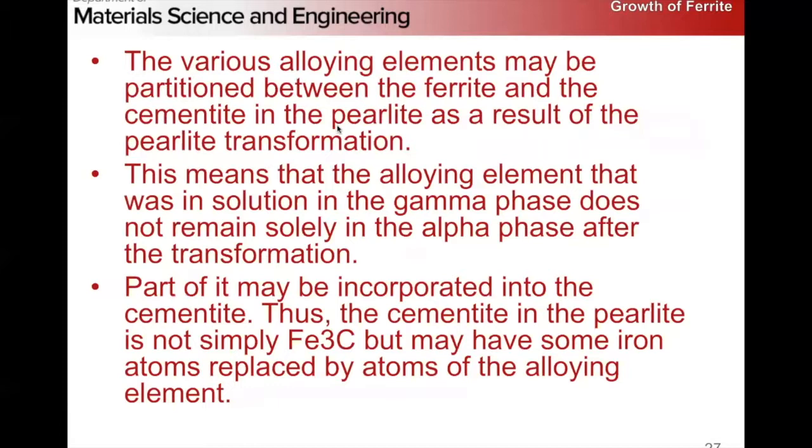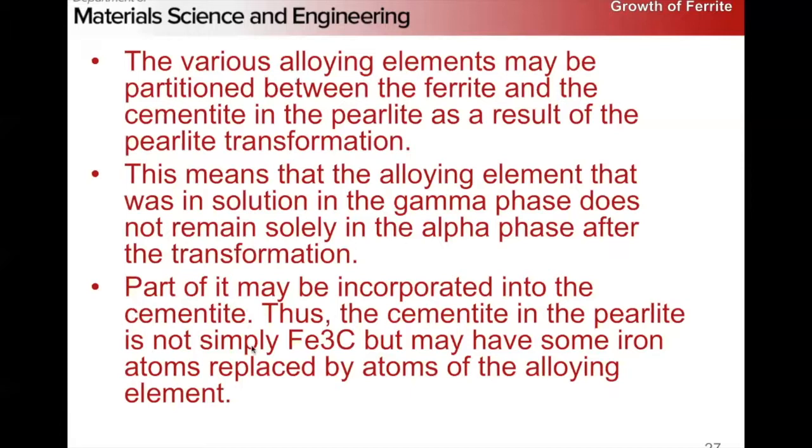So the other thing we have to worry about is, because we're slow cooling this, our alloying elements may also be partitioned between the ferrite and cementite in the pearlite as a result of the pearlitic transformation. So the alloying element that was in solution in the gamma phase in our austenite doesn't necessarily remain only in the ferrite part of our pearlite after the transformation.